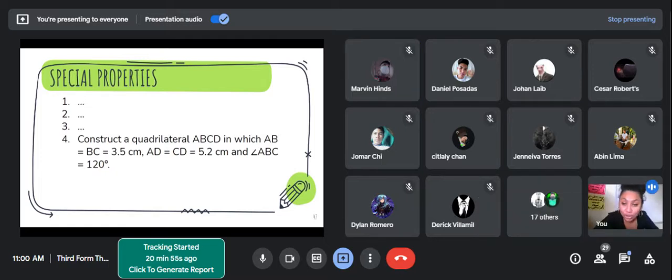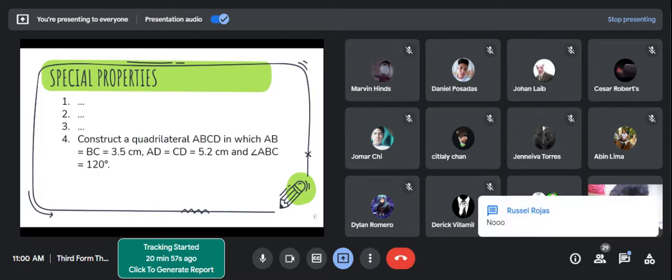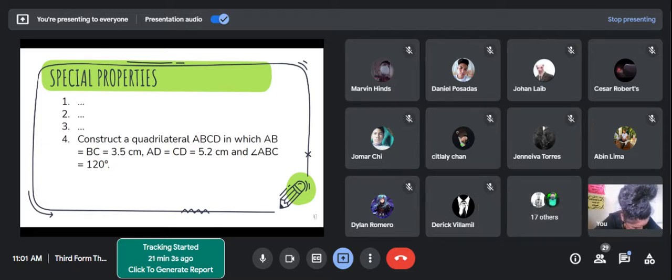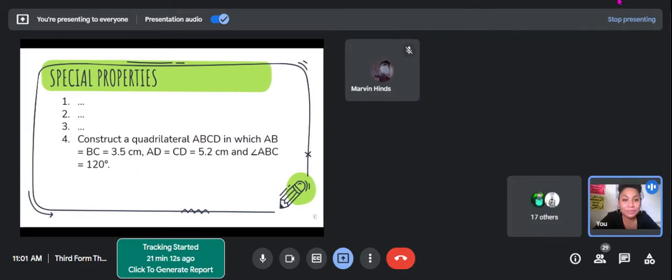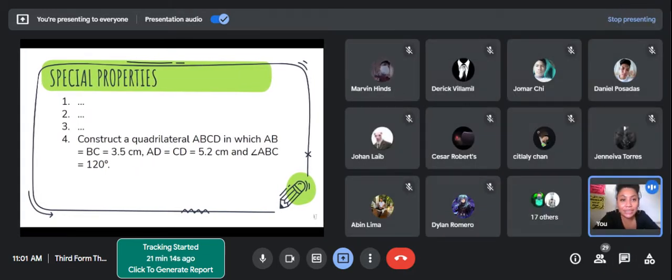So how are you gonna construct the angle? See, if I wasn't helping you guys do this, everyone would get zero.